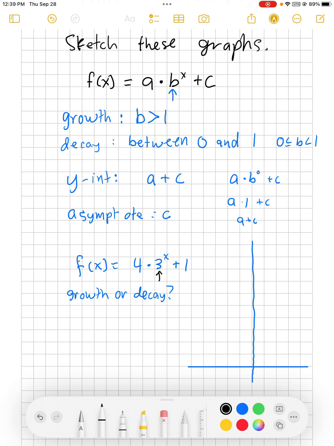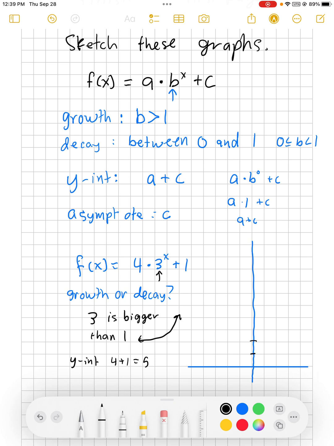I'm looking here. I see that 3 is indeed bigger than 1. So I'm expecting the graph to look something kind of like this shape. Okay? I can see our y-intercept is going to be 4 plus 1, otherwise known as 5.